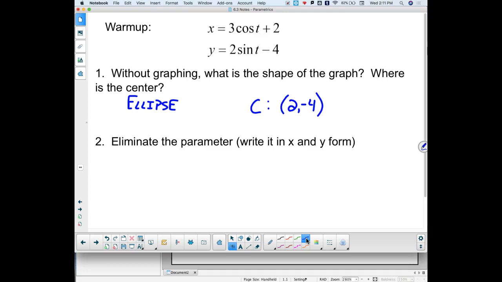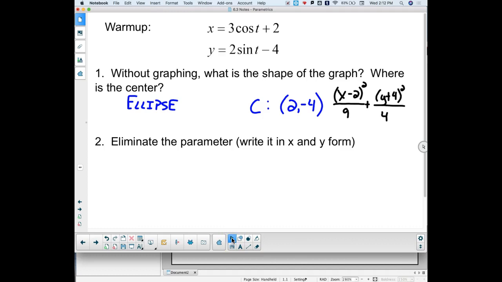Gotcha. Okay. Now, if this were back in first semester, when we were doing conic sections and we were talking about ellipsi, we would have said that an ellipse with a center at 2, -4 stretched out horizontally a little bit longer, so a major axis on the horizontal, would have had (x - 2) quantity squared over 9 plus (y + 4) quantity squared over 4, and then that equals 1.